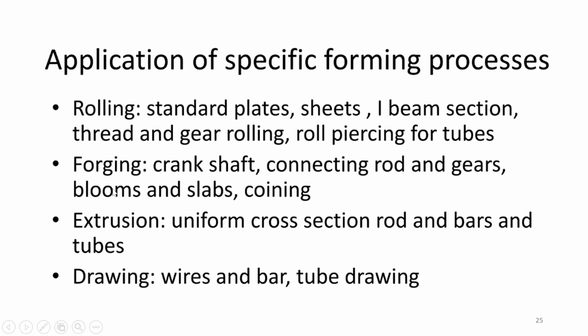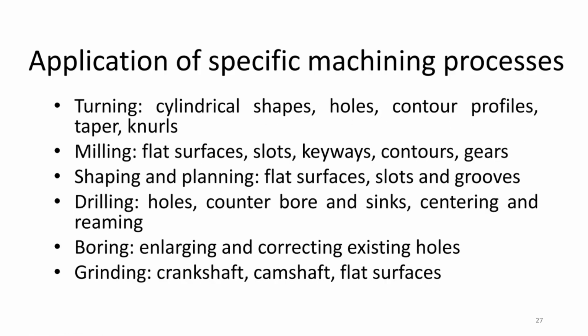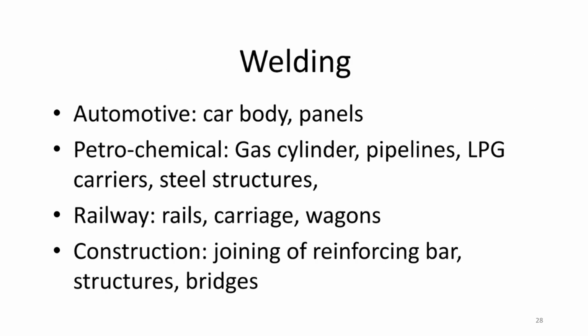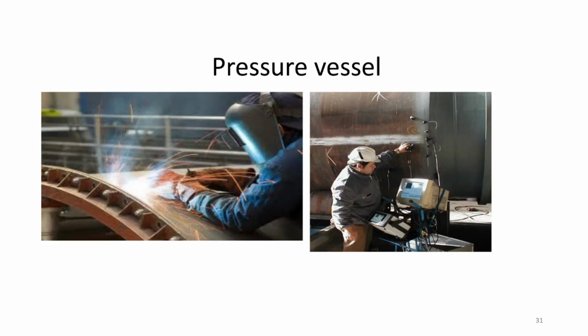Crankshaft, connecting rod, gears, blooms and slabs, coining, these all require good fatigue properties. That's why you require forging. And extrusion will be for the uniform cross section. So you can go through these and you should remember these.